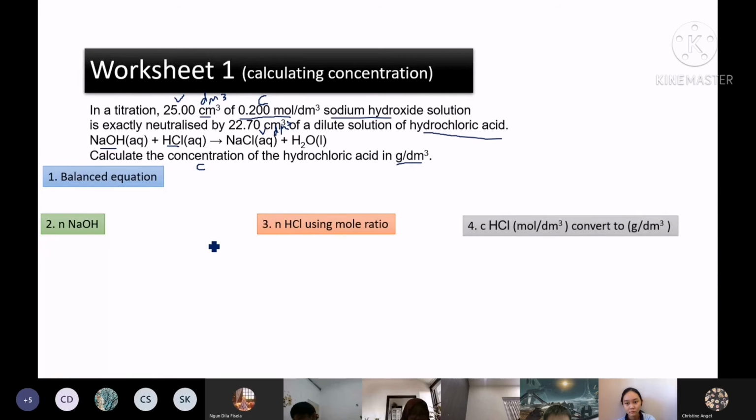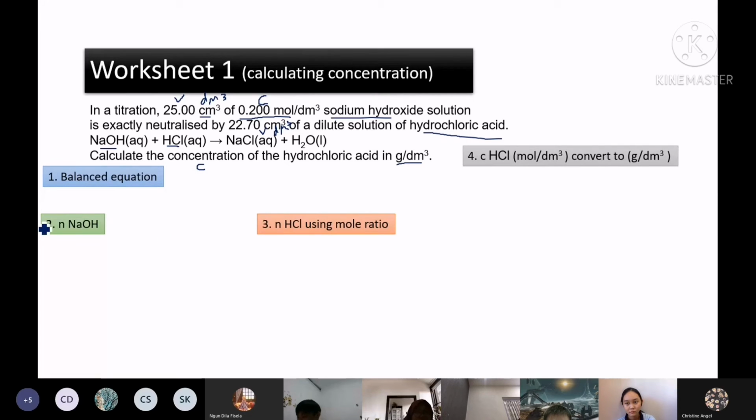So here is the step. Just write NaOH plus HCl equals NaCl plus H2O. We want to know the concentration in grams over dm cube, right?